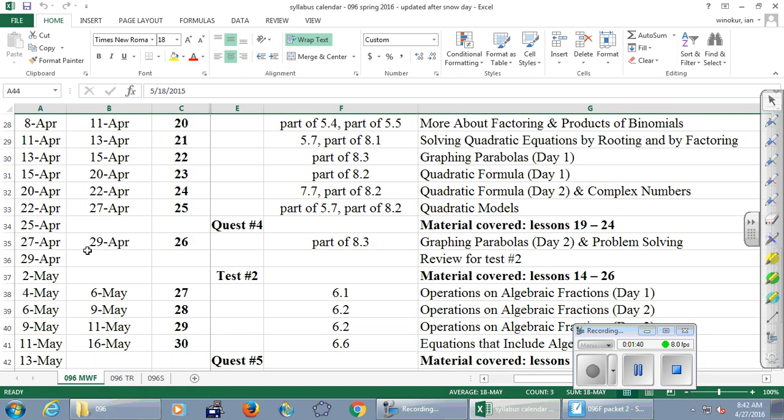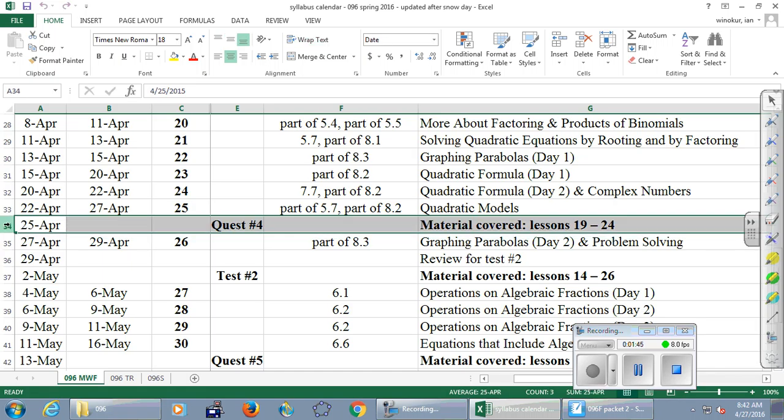Okay, so we just gave back the quests. The median grade on the quest that we just took was 79, so that means half of you did better than 79, half did lower than 79. There were some gaps that folks had that I wasn't aware that we had, and so I thought the results would be a little bit better than they were.